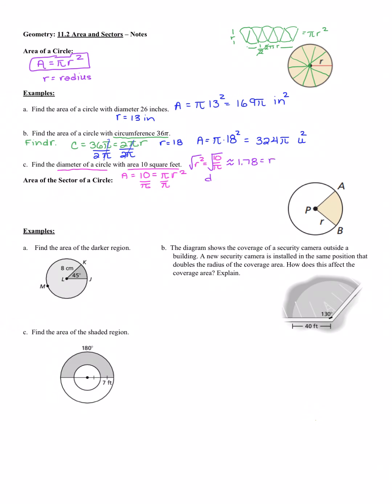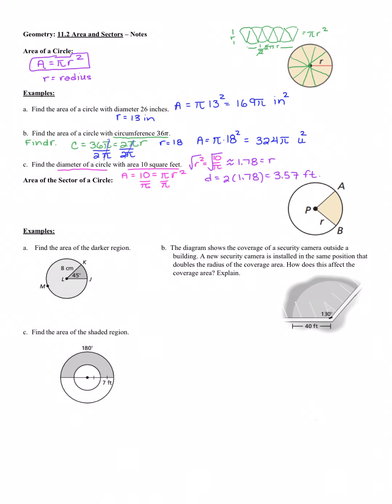So to find my diameter, I have to double that, and that's going to be 3.57, and since diameter is one-dimensional, this will just be feet. 3.57 feet will be our diameter. Okay, so it's always a good idea, when you're given information, to write down the formula or the relationship so that you can isolate the variable you're looking for.